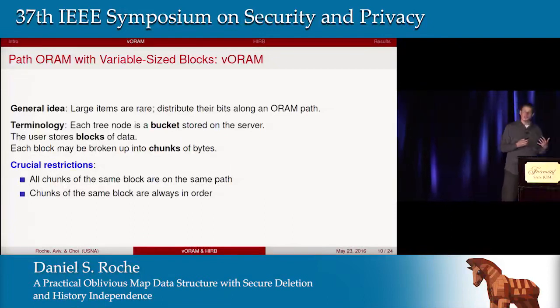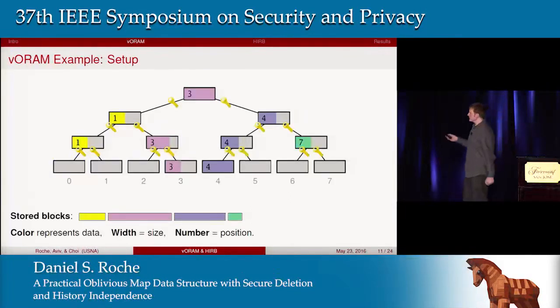That overhead that's associated with each of the operations in a Path ORAM, we can take advantage of to be able to store variable size blocks. So what we're going to see at the top here is a picture of our VRAM. At the top, each one of these blocks is a bucket that's stored on the back end. So everything at the top is actually pieces of information that are stored on the server.